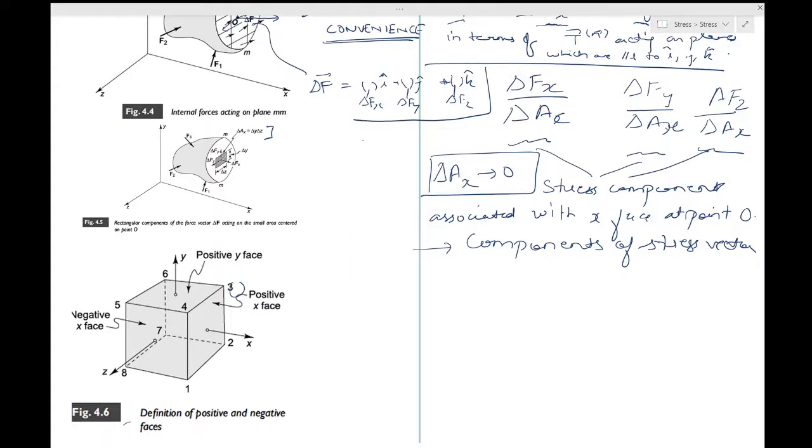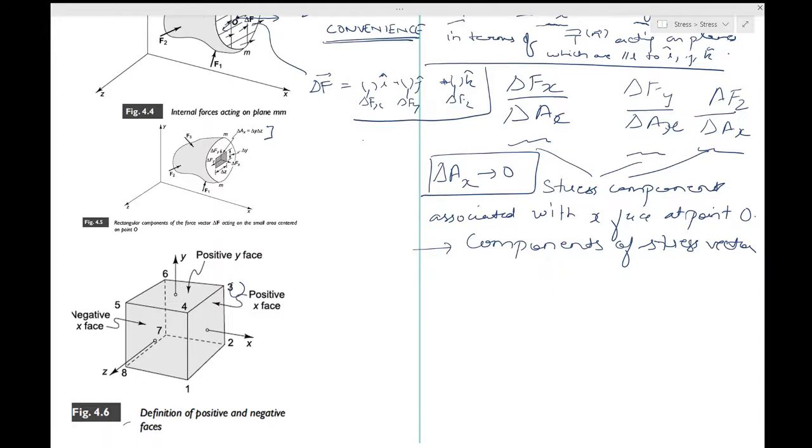They are components of the stress vector acting on an element of area A whose normal points in the positive X direction. Okay. We note that we must use two directions to define a stress component. You can clearly see that you have used two directions to define a stress component.